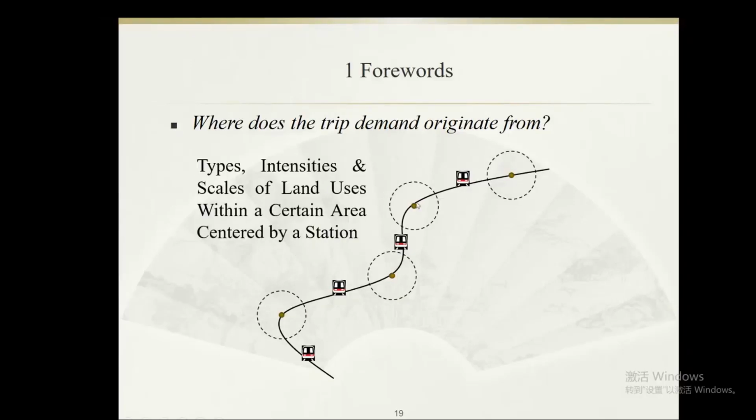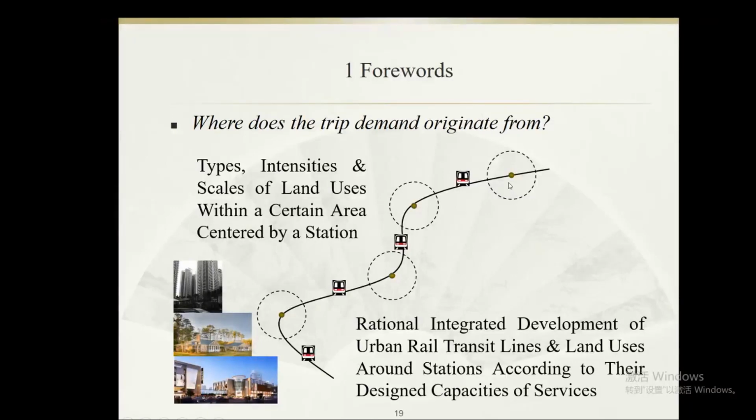Around each station, the types, intensities, and scales of land uses within a certain area centered on a station will generate passengers.